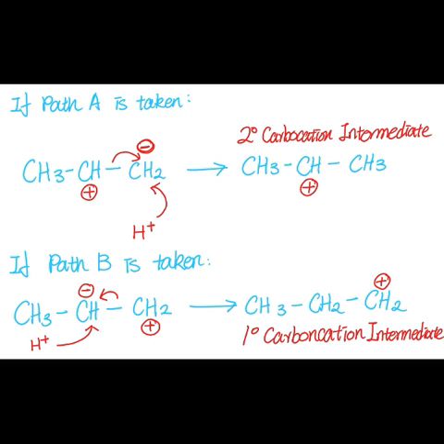Now, this intermediate is obviously called the primary or first degree carbocation intermediate. It is just because the carbocation here has one carbon group attached to it, hence it is primary or first degree, and that's what the name is. So these are the two possible outcomes, or two possible intermediates, that this addition reaction can produce.